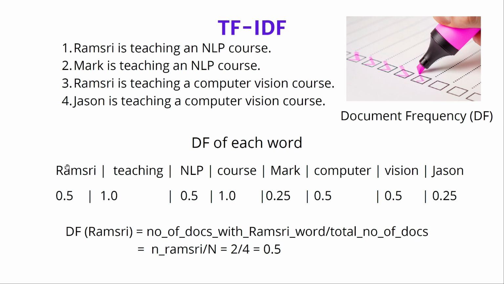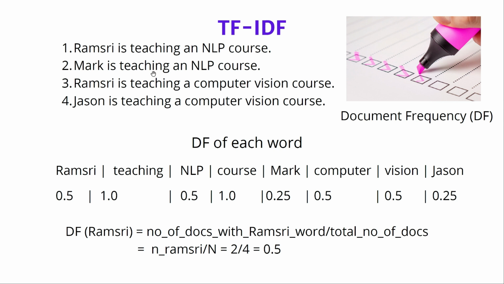And similarly, just like how we created term frequency for each document or sentence, we can create document frequency for the whole corpus. Again, you take all the unique words and all you do is count in how many documents the word occurs, divided by the total number of documents. That's the document frequency of each word.